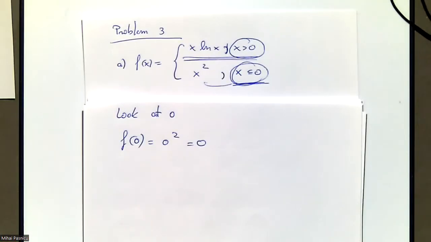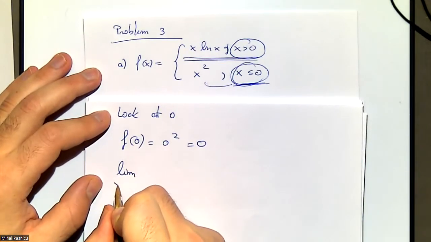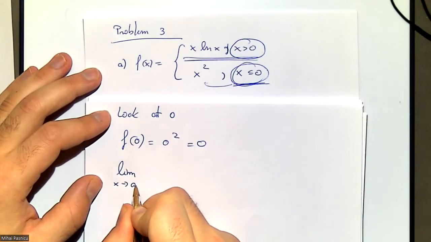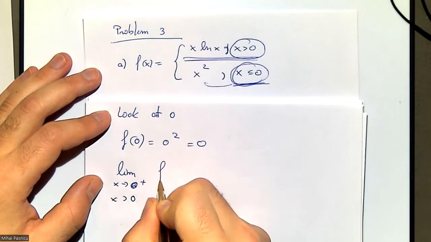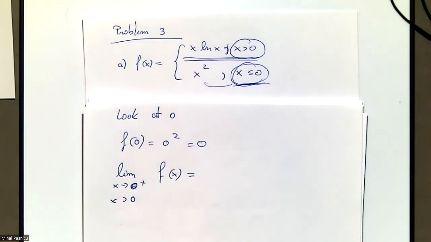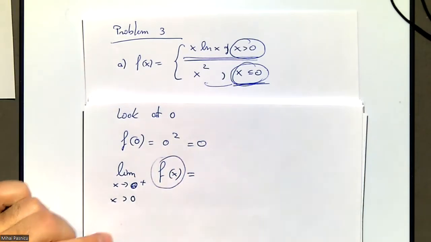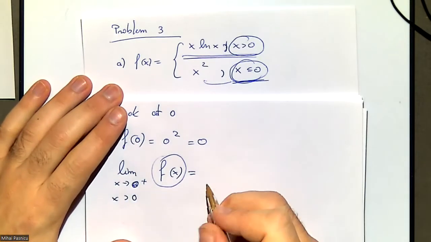Okay. Now let's see. The limit from the right-hand side to 0, with a plus, x greater than 0, of f of x is equal to what? What is f of x in this case? That is the question. That is how you should think of it. And you look at your function up top.